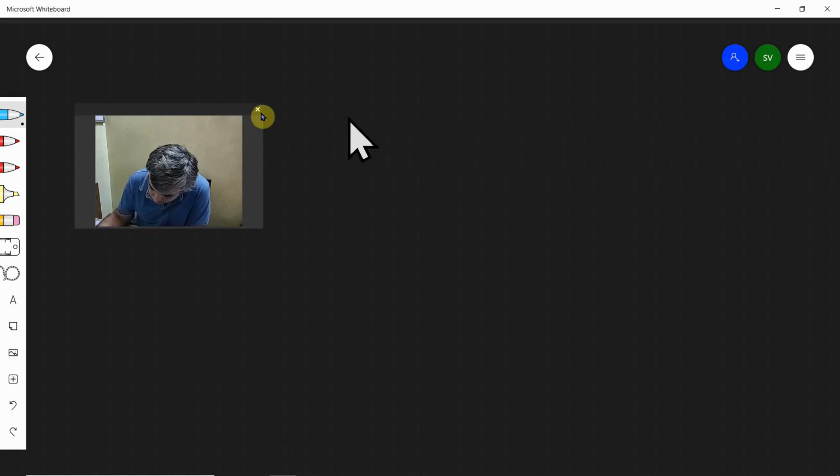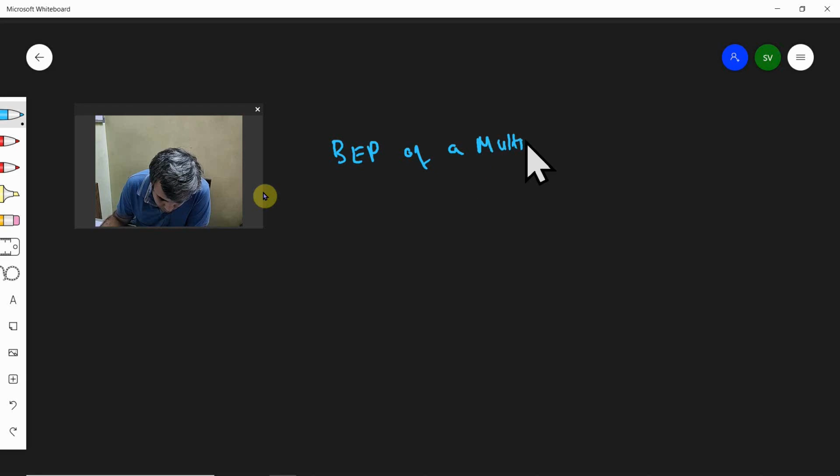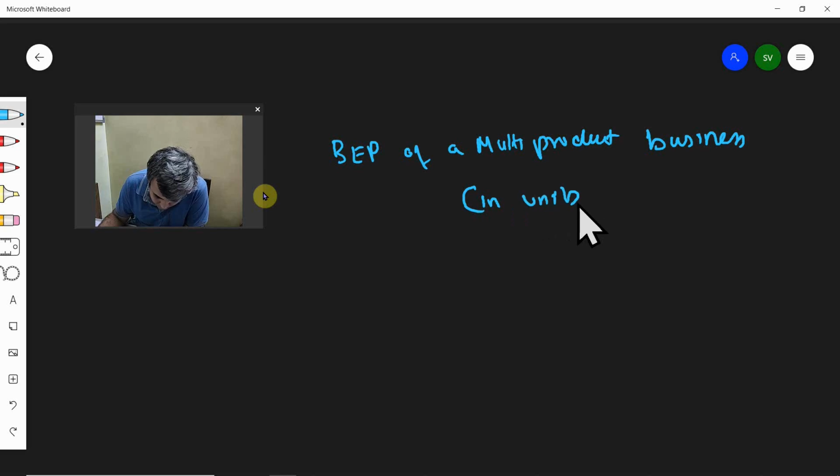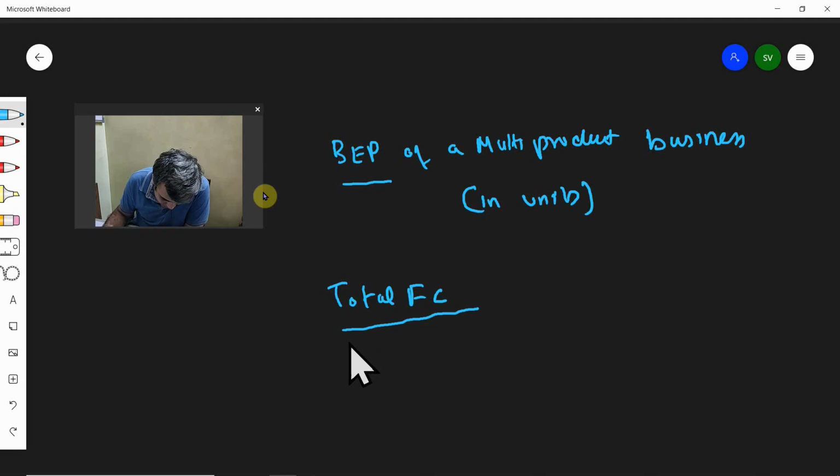Break-even point of a multi-product business in units: the formula is total fixed cost divided by weighted average contribution per unit.